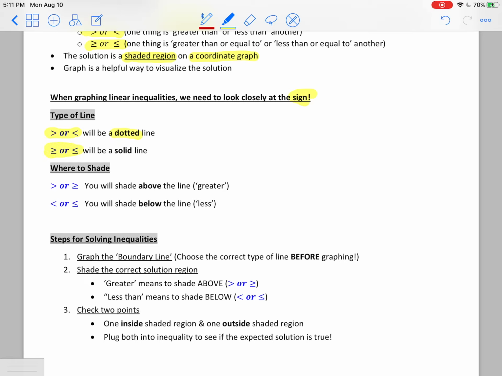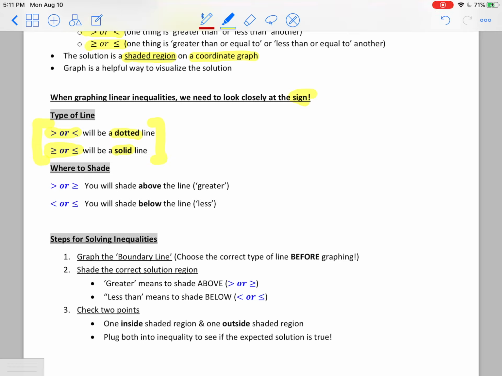If we have that or equal to added to those signs, then we use a solid line, because we're saying, okay, the solutions are everything below this line and everything that's on this line, or everything above this line and including all of the points that belong on the line. So be really, really careful of looking closely at what the sign is to decide what our line will look like.